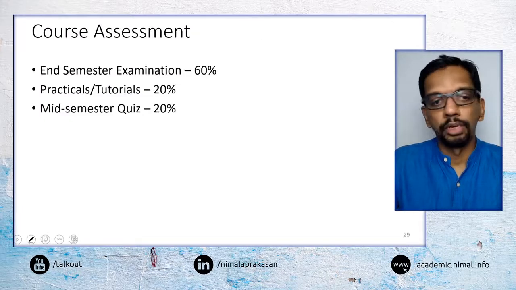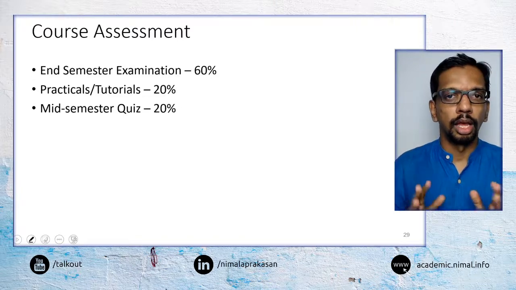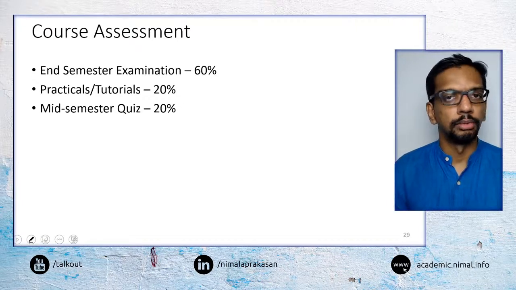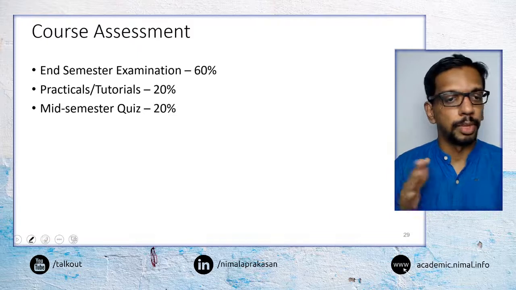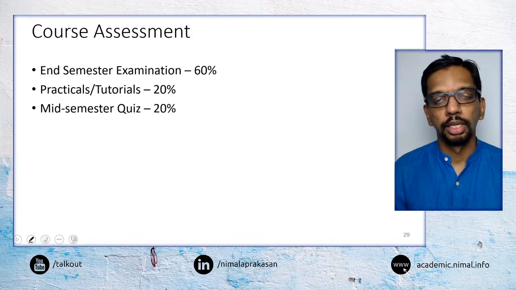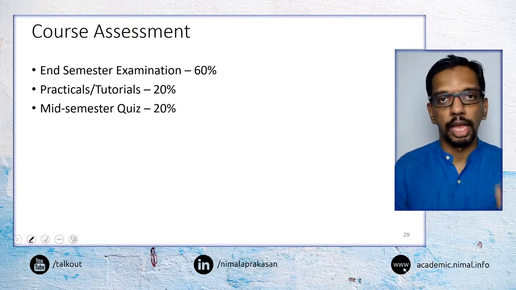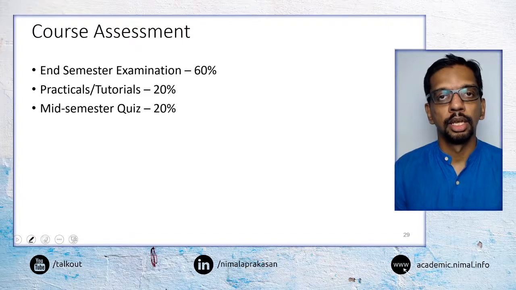In terms of the main assessment part, depending on when the assessments are happening, things may change. The percentages will most likely change, but as usual, as in the previous course, we will have some practical activities.